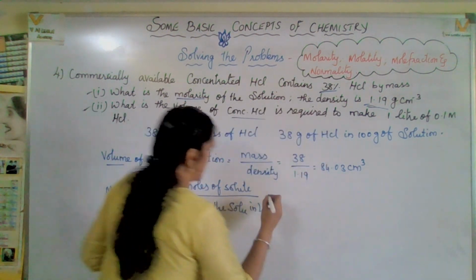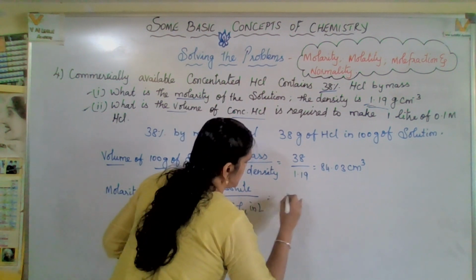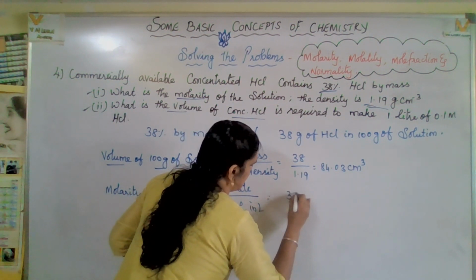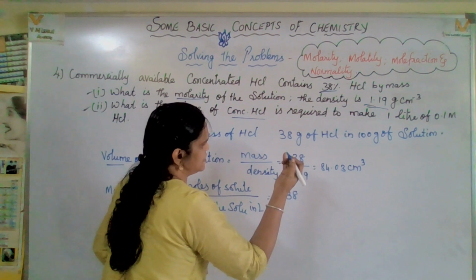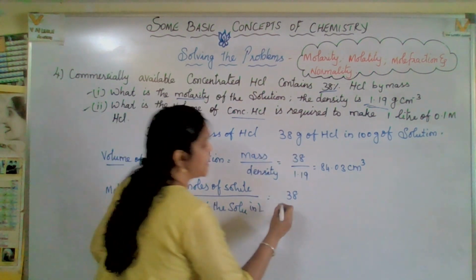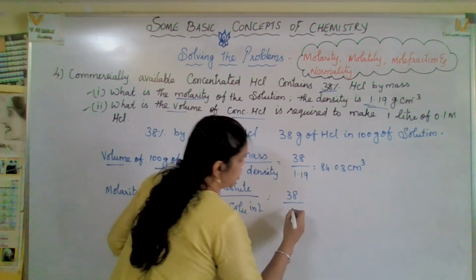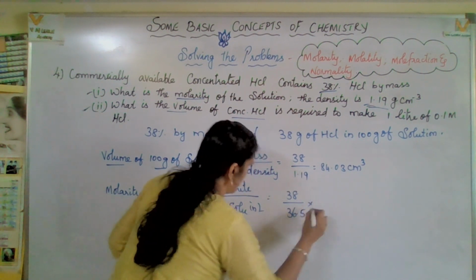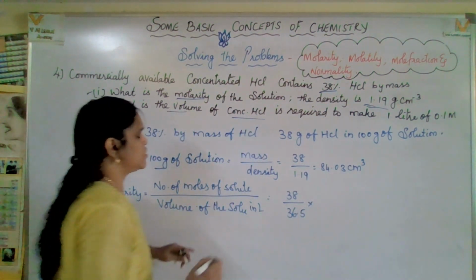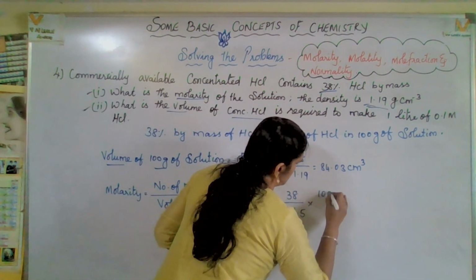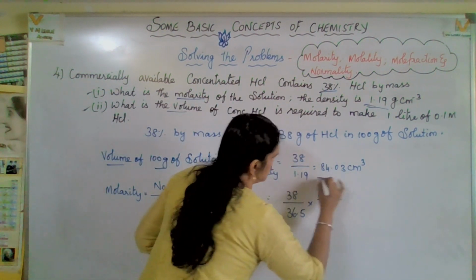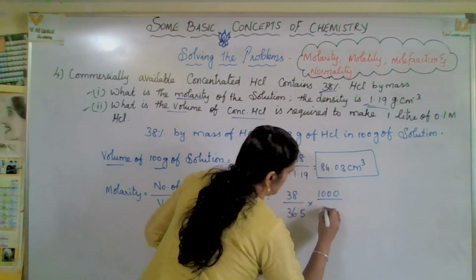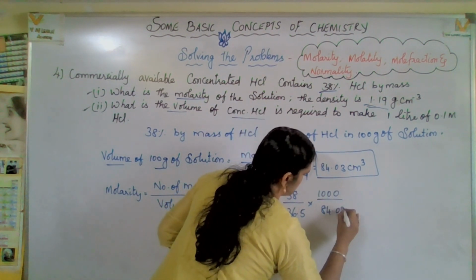Let us write it here. 38 gram, that is the given mass, and molecular mass is 36.5, into 1000 divided by the volume of solution, which we just got, 84.03.